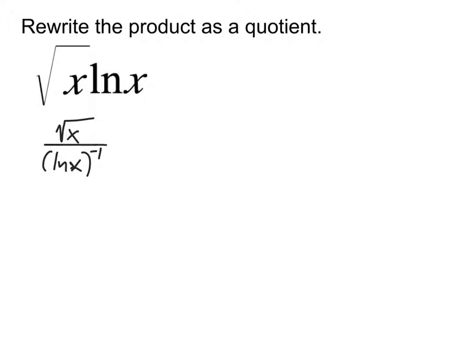If I did it the other way, I could put the natural log of x on the top, and that would give me, over, well, rather than writing square root of x to the negative 1, I'm just going to write it as x to the negative 1/2, because, of course, it's the same thing. Both of those are writing it as a quotient.